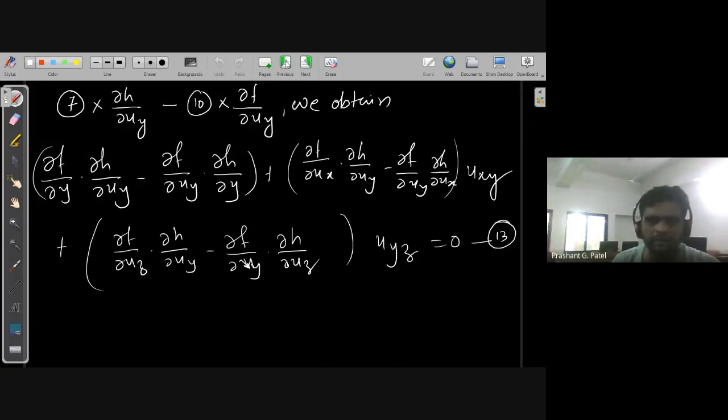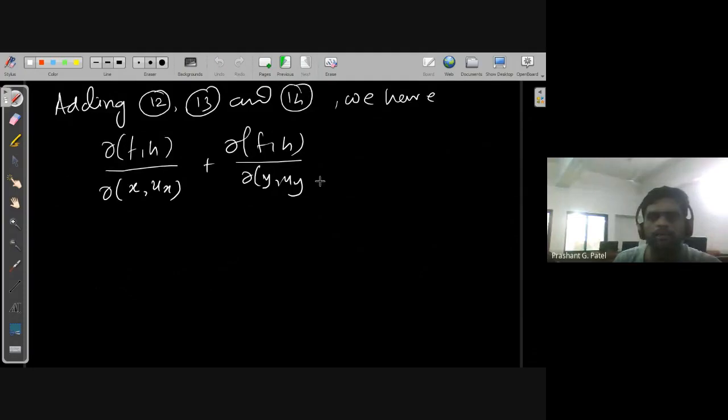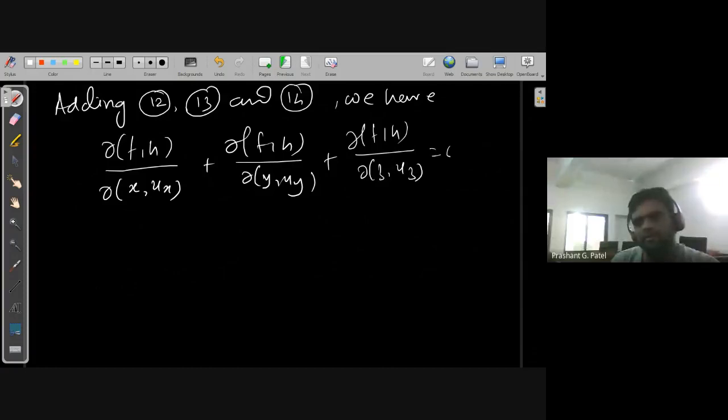Similarly, in the 14th one, this quantity is left, and these two will be cancelled out. So plus del F del H upon del Z Uz equal to 0, which is the required result that we are looking for.